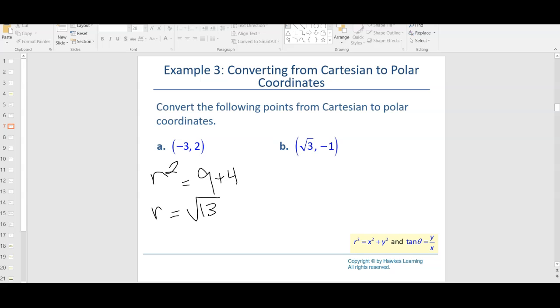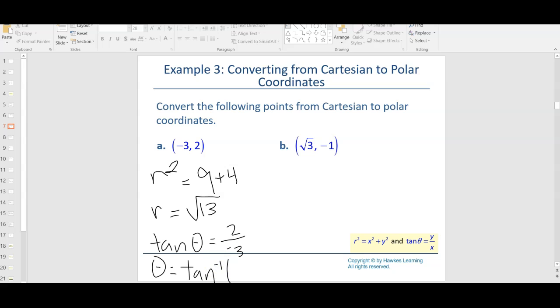theta is given by this: tangent of theta is equal to y over x, so 2 divided by -3. So tangent's equal to that, so theta would be equal to arctangent of that. Now here's the thing.